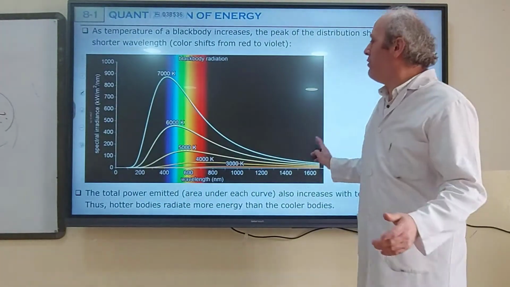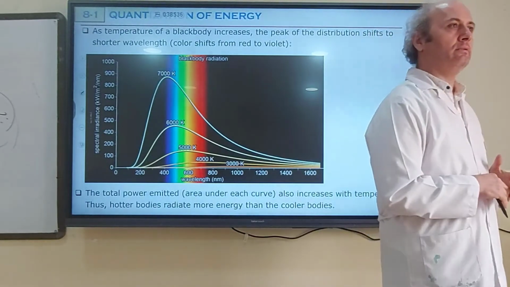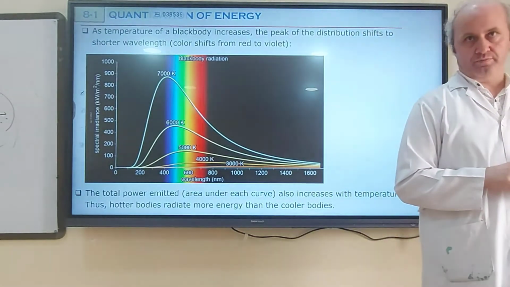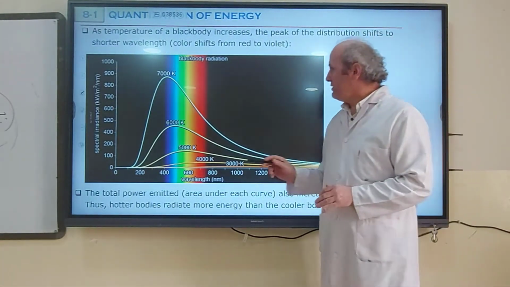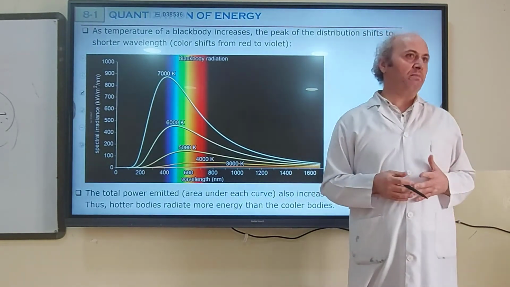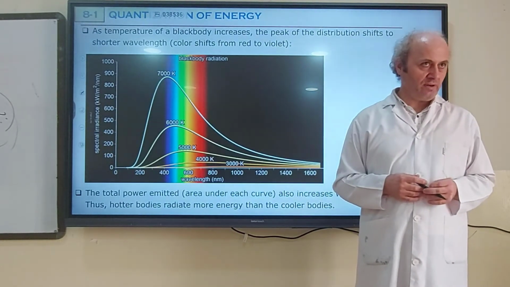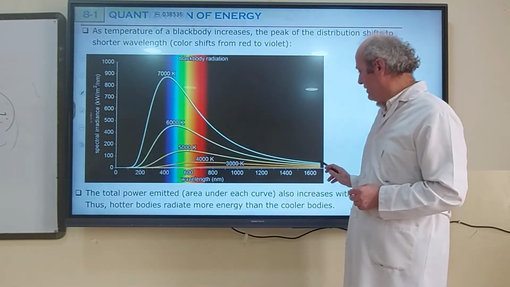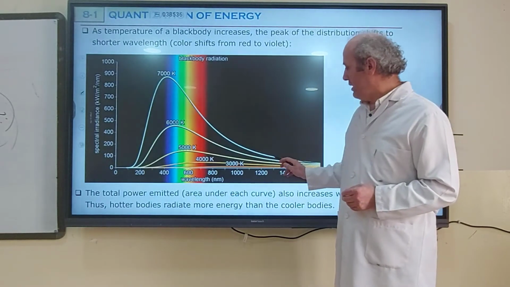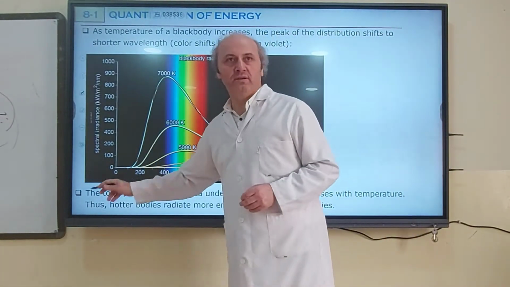This is how the black body curve changes depending on the temperature. We said that the area under this curve defines the power of the radiation. Area under this curve, when I say area, I am talking about this. Look at that. The area under this curve is the largest, correct?